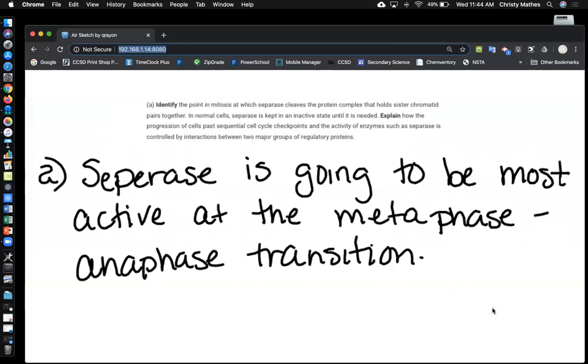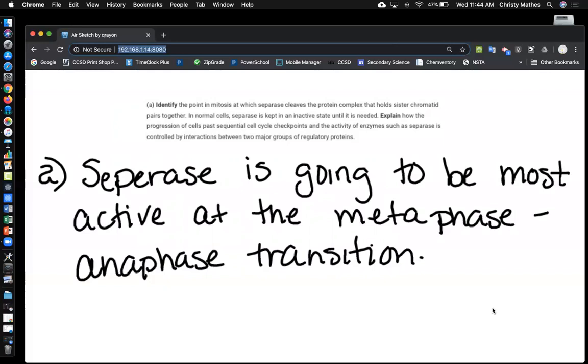That's not the entire answer to the question though, because remember we have to explain. So we've identified our concept. Now we have to explain our concept in regards to how the progression of cells past those checkpoints is regulated by proteins.